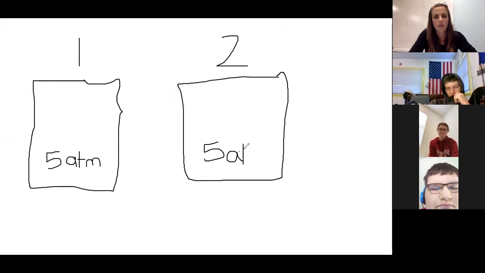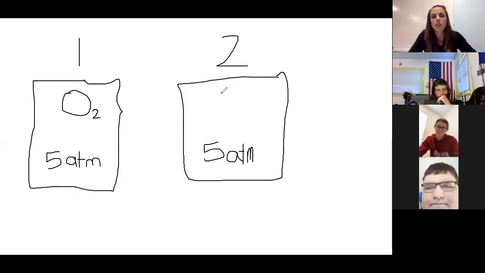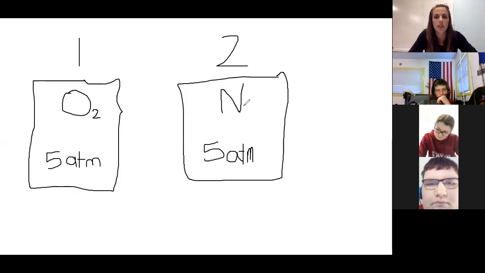And we're going to say that container 1 has oxygen gas in it, which we know is O2. And container 2 has nitrogen gas in it, which we know is N2 because these are diatomic molecules.